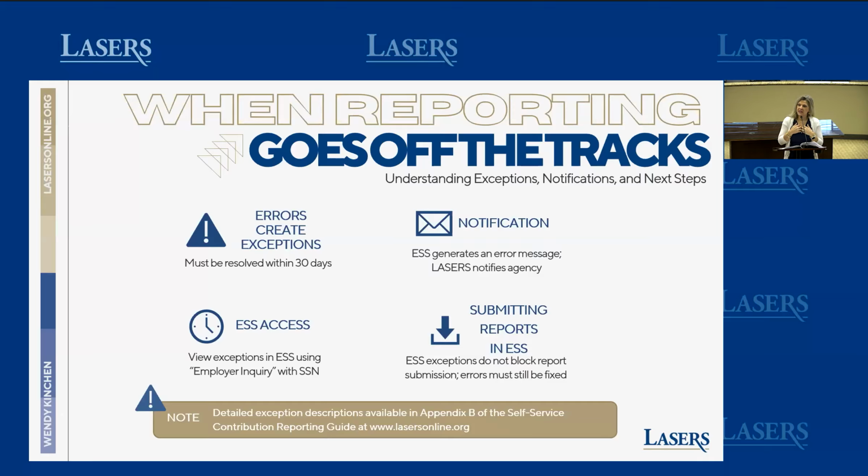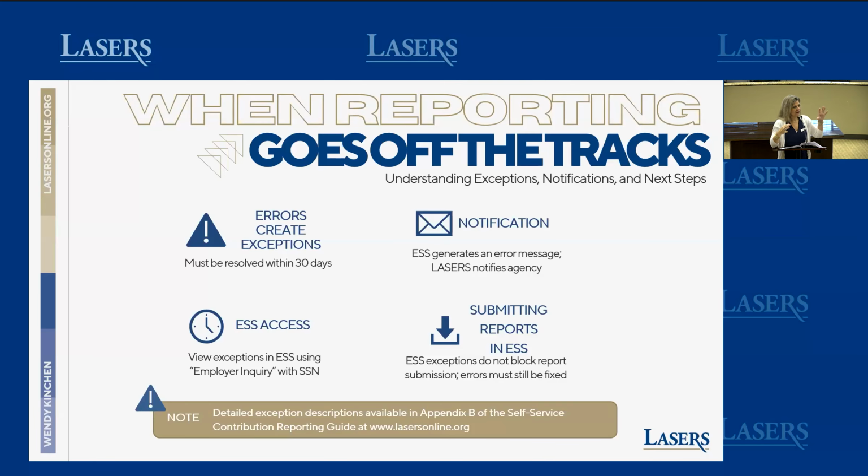You will also receive notification from LASERS that the error has been made, and you have to go in and correct it. You have to submit that corrected report through employer self-service. That's another reason, employer self-service is going to show you and tell you the error, but it's not going to keep you from submitting. So if that error pops up, take notice, go back and double check.